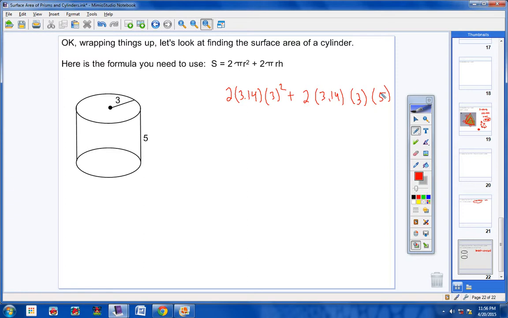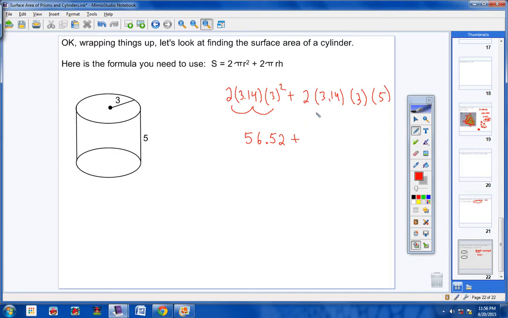2 times 3.14 right here, guys. 2 times 3.14 times 9, because 3 squared is 9. It's going to give me 56.52. Now remember, in the book, they're probably going to use pi in the calculator. We're going to use 3.14, so our answers will be off a little bit.